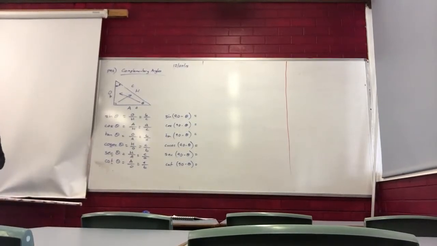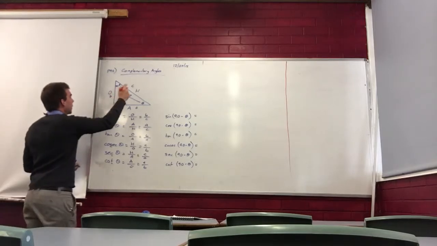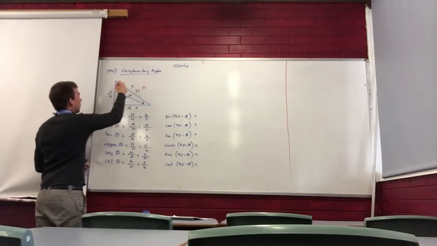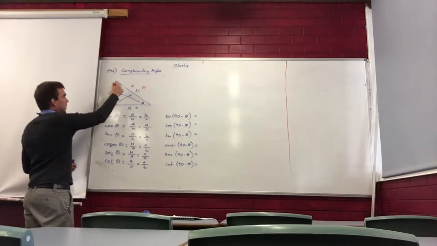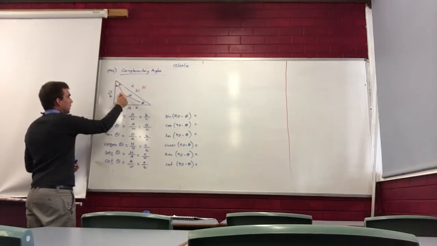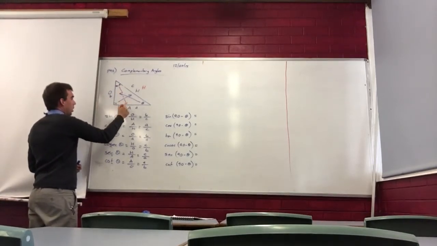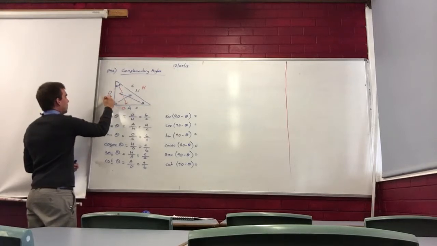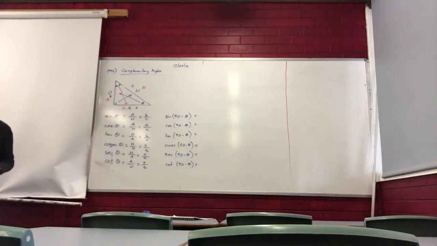However, like we did last lesson as well, this will change the other two, opposite and adjacent, because referring to that angle, that is now the opposite, and this angle is the adjacent. We're still going to leave it as A, B, and C.